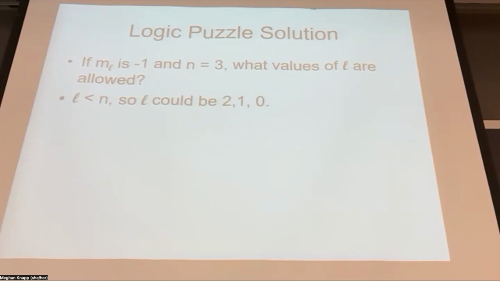Is 1 less than 0? No. So S is not allowed. L can't be 0. And so therefore, it could be a 2 or a 1. So this could be a 3p orbital, or it could be a 3d orbital, but it can't be a 3s orbital.